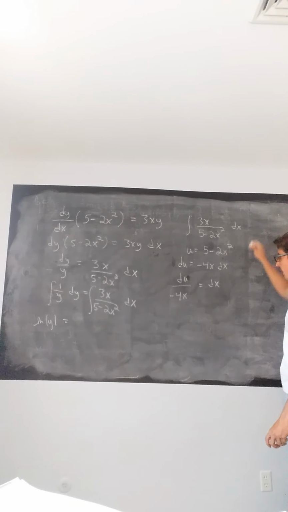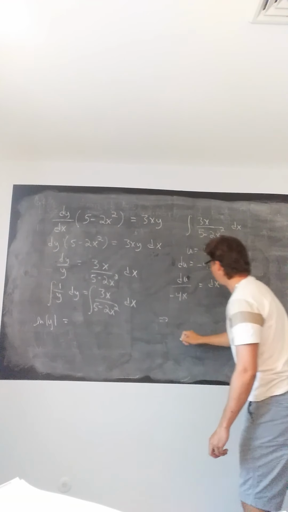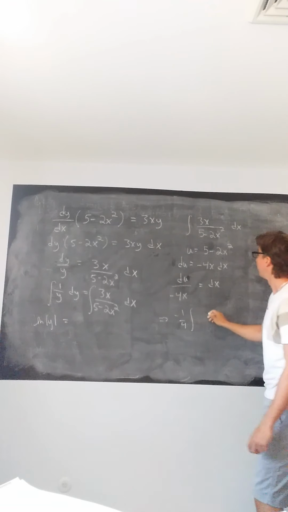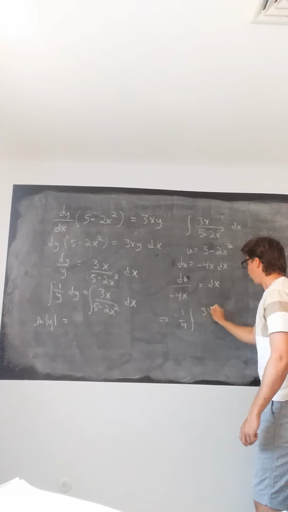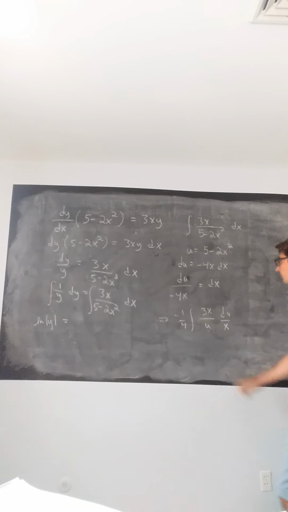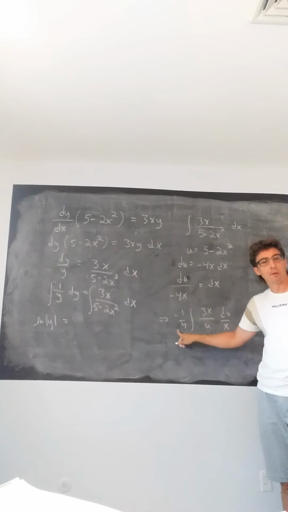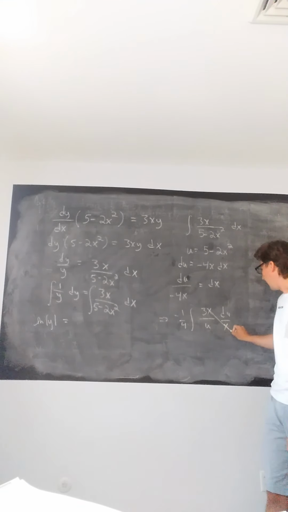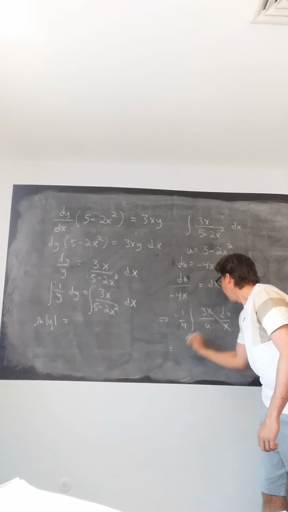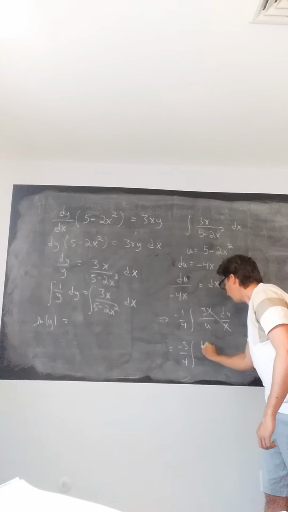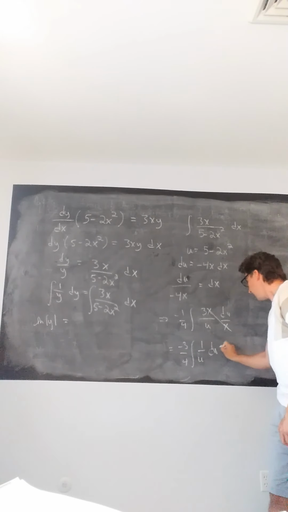So that means now, when we go ahead and integrate, we're going to have negative 1/4 times the integral of 3x over u du over x. So what I did was I put the 4 on the outside instead of leaving it here because it's a constant. That's going to get shoved out. Just like the x's go away there, and that 3 comes out, so we have negative 3/4 times the integral of 1 over u du.